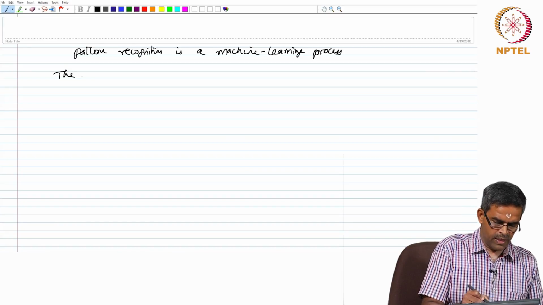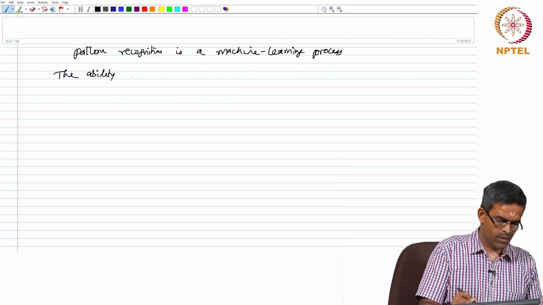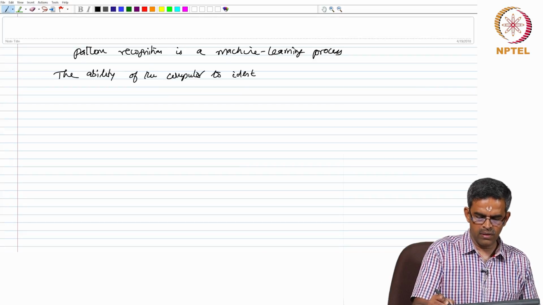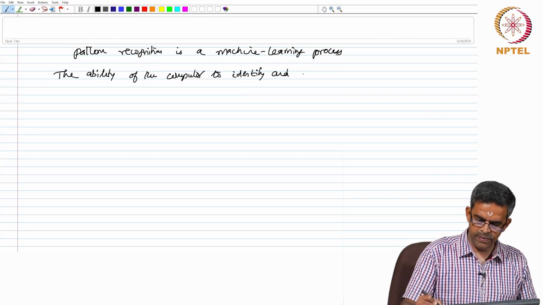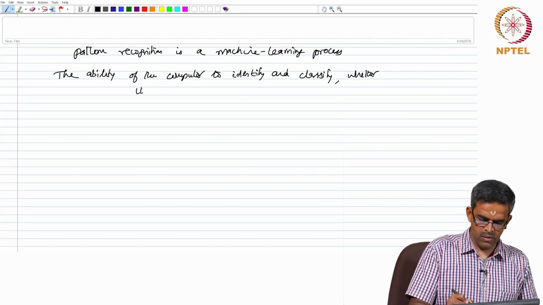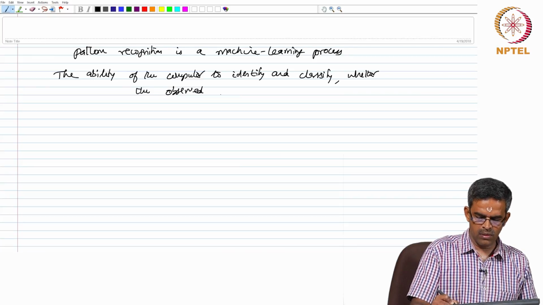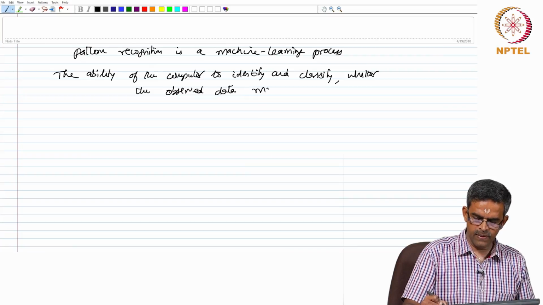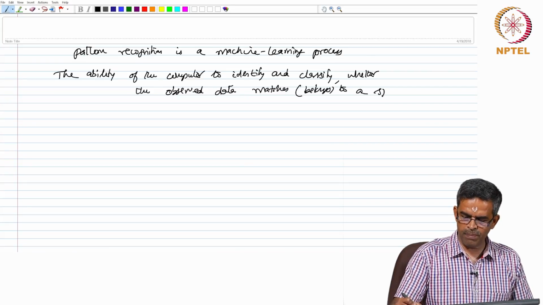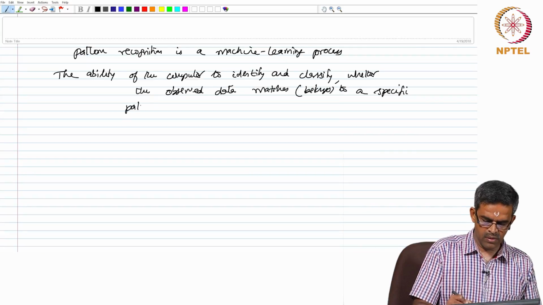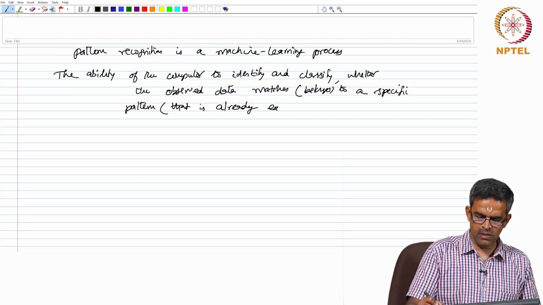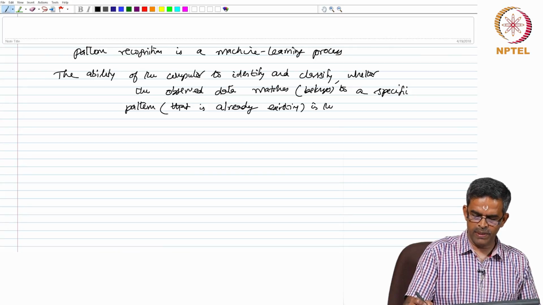That is, it is the ability of the computer to identify and classify whether the observed data matches or belongs to a specific pattern that is already existing in the database.